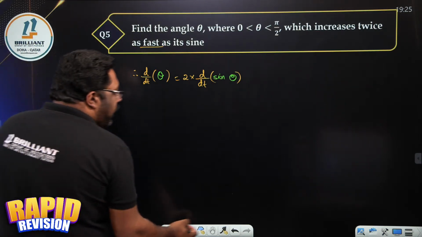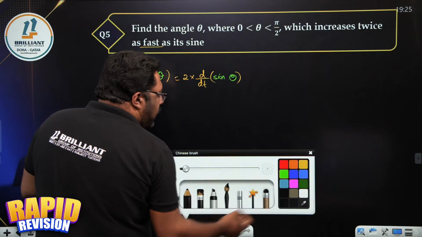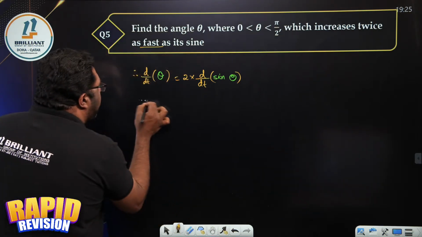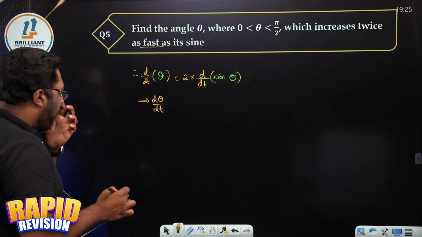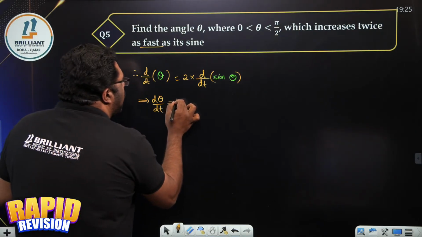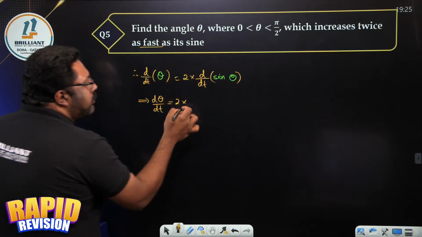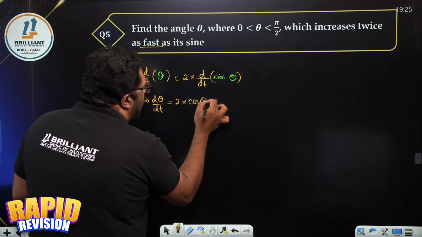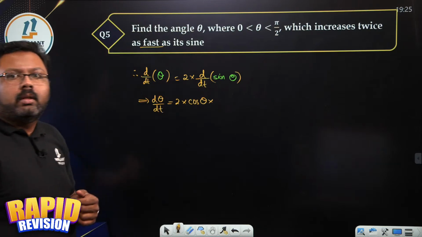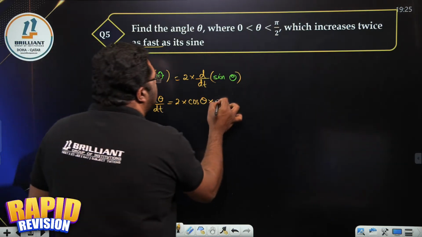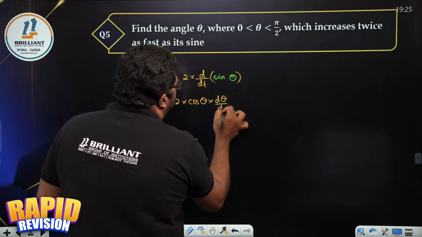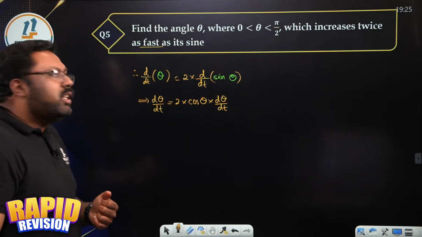So there is nothing difficult about saying that d by dt of theta is simply d theta by dt. It is equal to the derivative of sine theta, which is cos theta, but the change is measured with respect to time. So definitely d theta by dt.